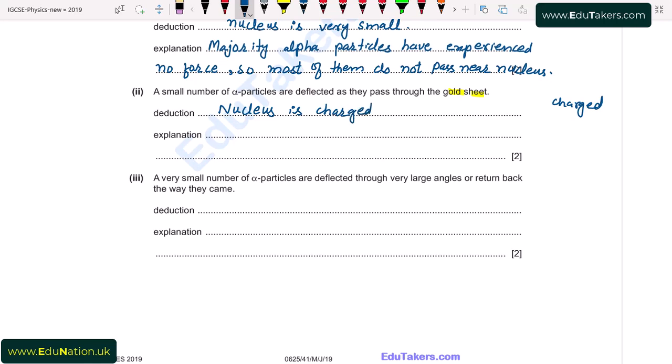And in explanation, alpha particles are charged so that they exert force on the alpha particles and the nucleus must also be charged.